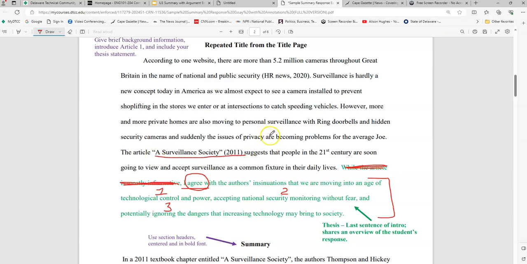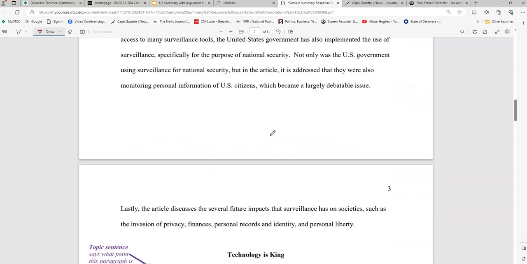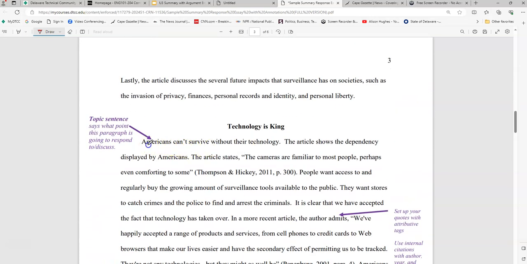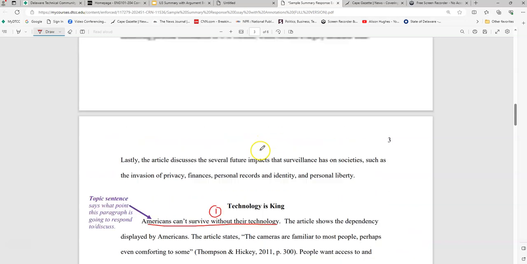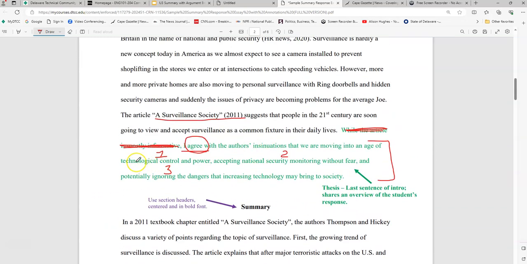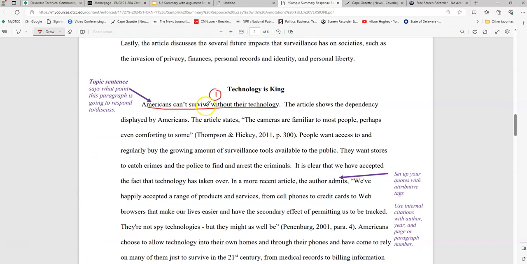So if I were to scroll down and continue looking, "Americans can't survive without their technology." So that is the first topic sentence of the first response paragraph. So if I go back up to the thesis, technological control and power. That's another way of saying Americans can't live without their technology.